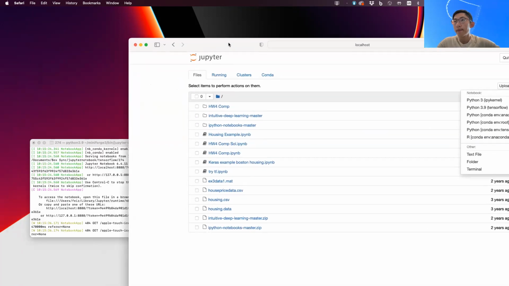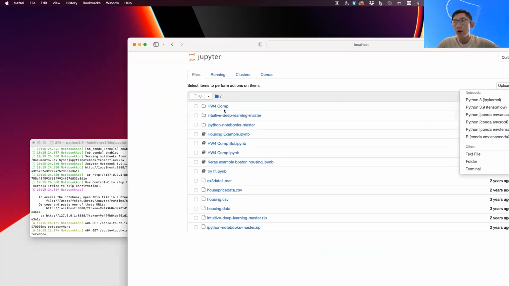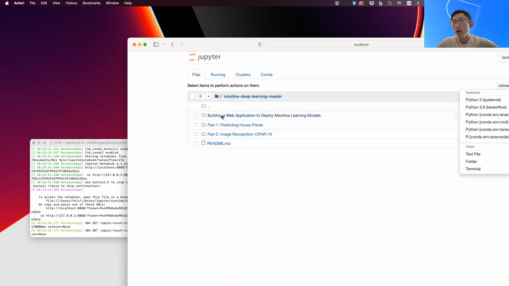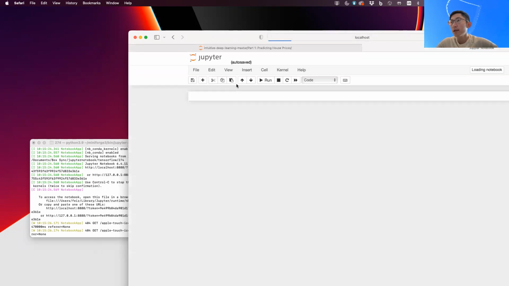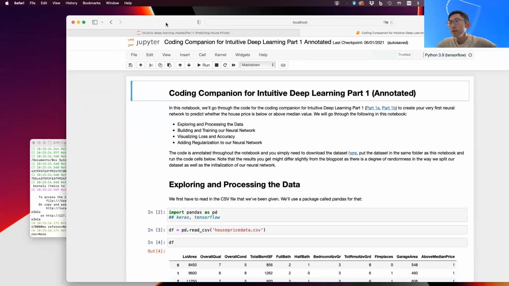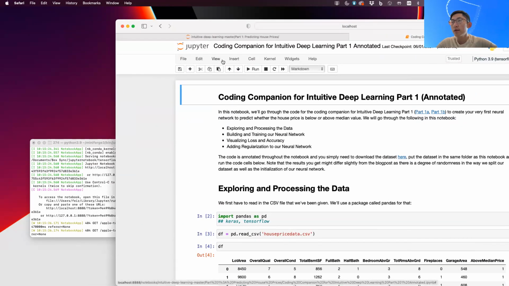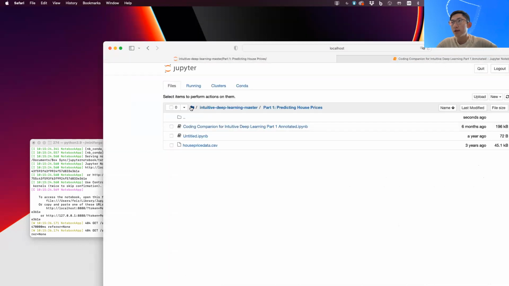Then there are a lot of examples online. I think it would be easy for you to find Python examples for neural networks. But let's take a look at this example, and you can easily Google search this one as well. So, intuitive deep learning.